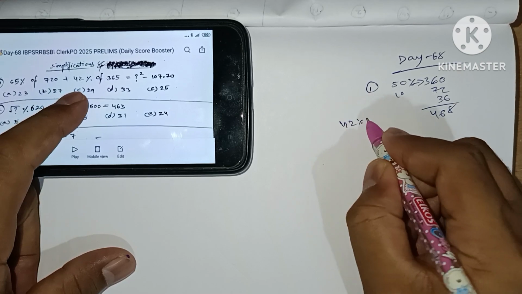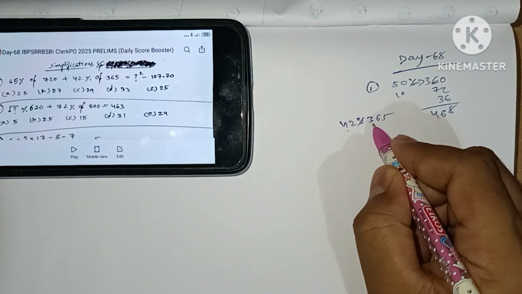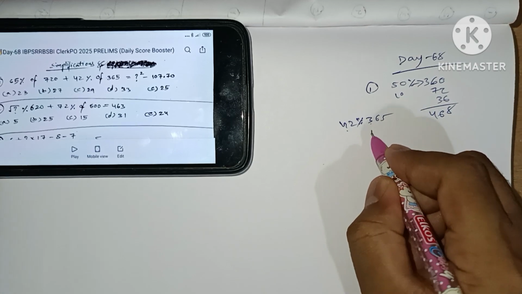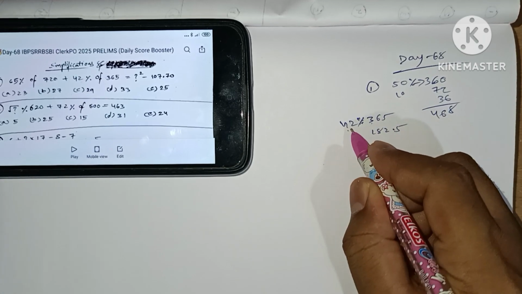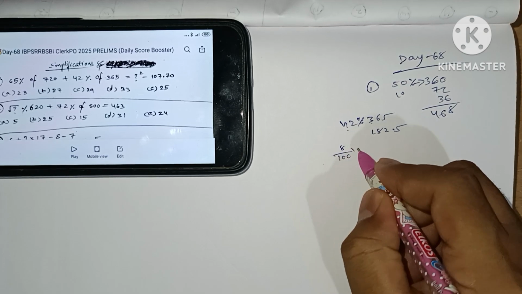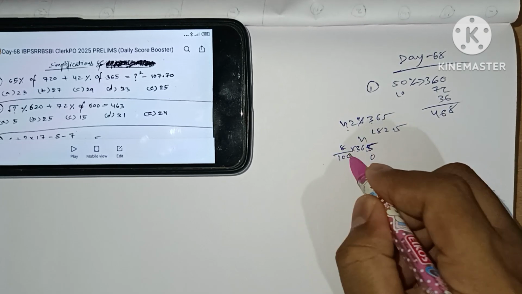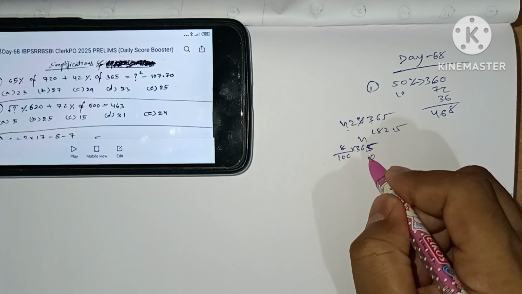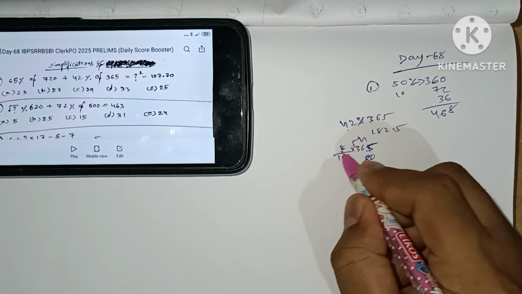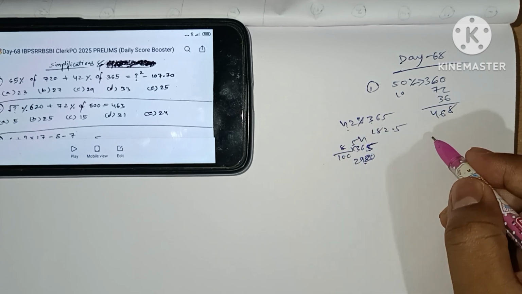42 percentage of 365. So I know 50 percentage will be 182.5. 8 percentage of 365 is 29.2.